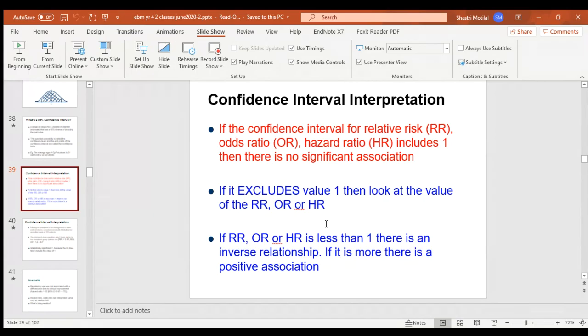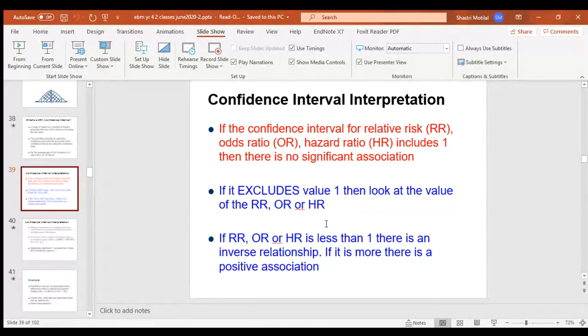In the example you all just worked out, the relative risk you all got was 0.8, right? 0.8 would suggest in this case 0.8 times the risk of death, which means a person has less risk of death. If the confidence interval for relative risk excludes 1, then you're thinking, hey, there is a significant association, right? And if that value is less than 1, you're thinking, well, it's a protective association, right?